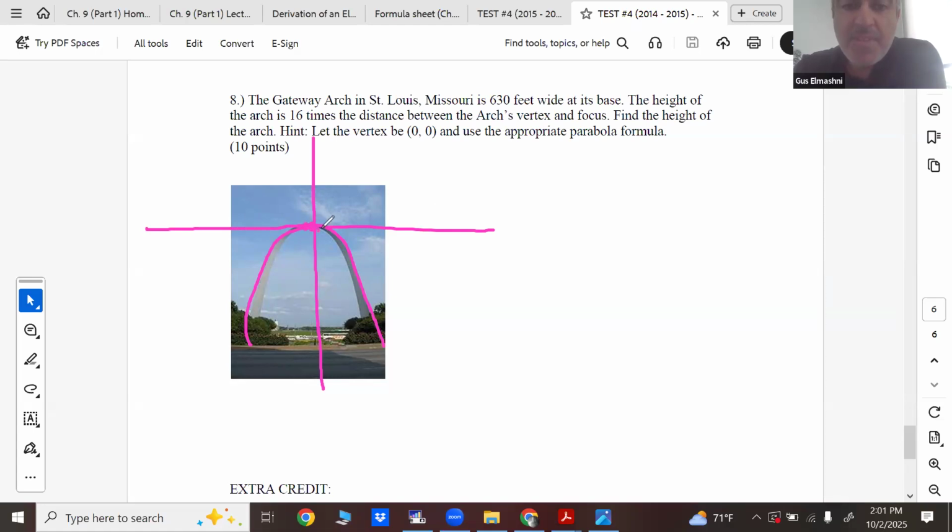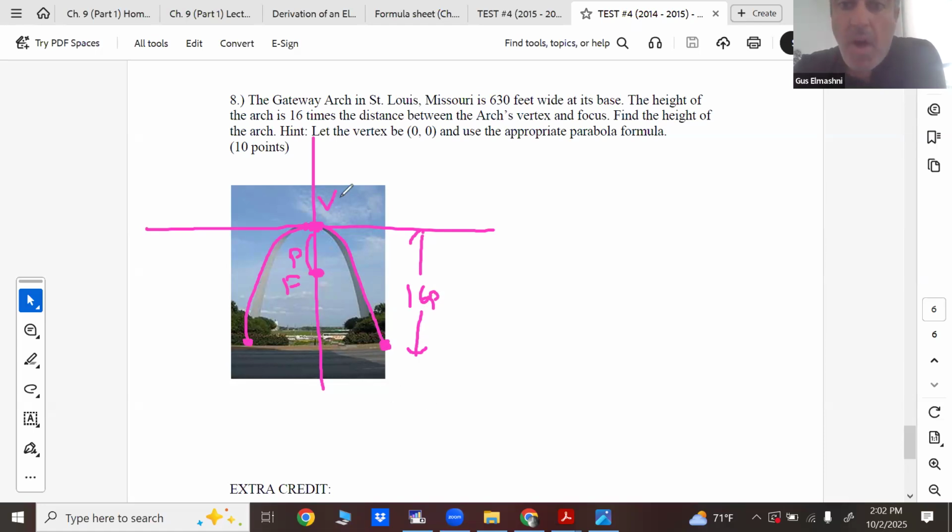Here's the vertex. The height of the arch, sorry, is 16 times the distance between the vertex and the focus. So let's say the focus is here, here's the vertex, of course, and that's p. From there to there. Isn't that height supposed to be 16p? Because they said so, right? They said so. Okay.